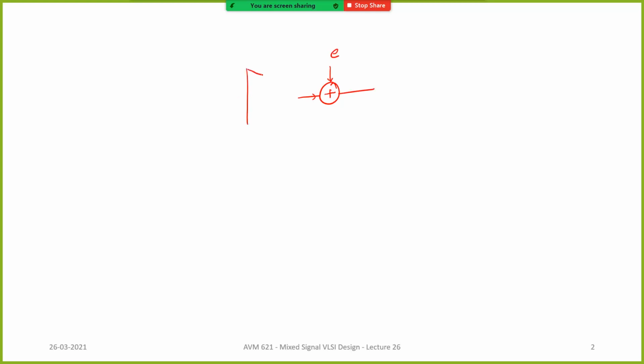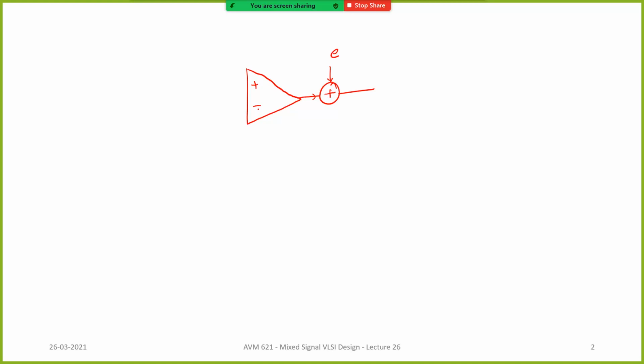Note that this additive quantization error is definitely not linear, in the sense that it is not a constant error. It is going to be an input dependent error, which is what makes the quantization process quite non-linear.